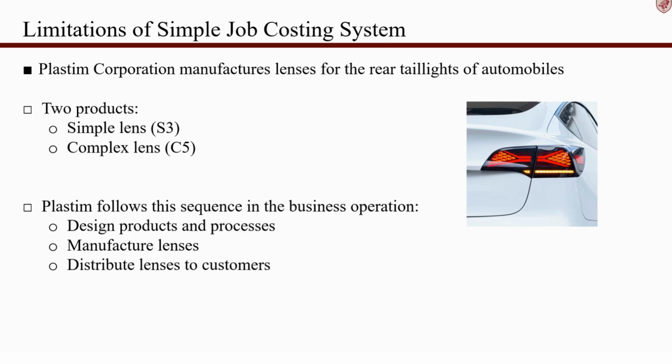Now, let us look at some limitations of the simple job costing system with the example of Plaston Corporation, which manufactures lenses for the rear taillights of automobiles. In order to manufacture the rear taillights of the cars, let's say there are two different products: simple lens S3 and complex lens C5.